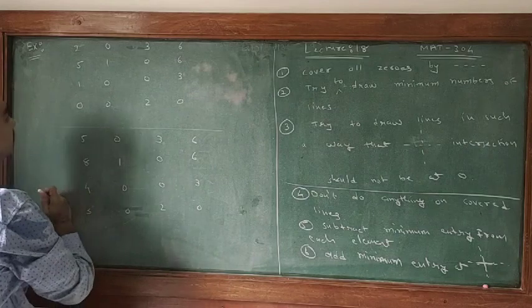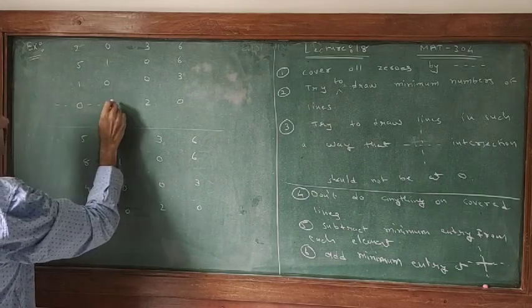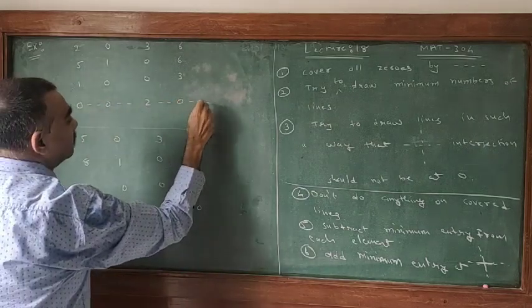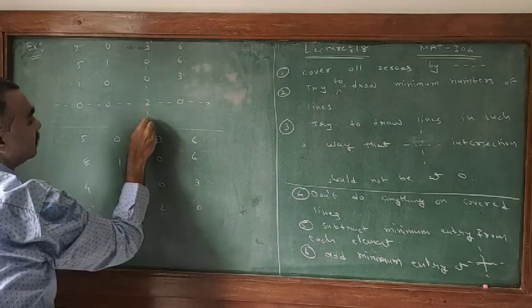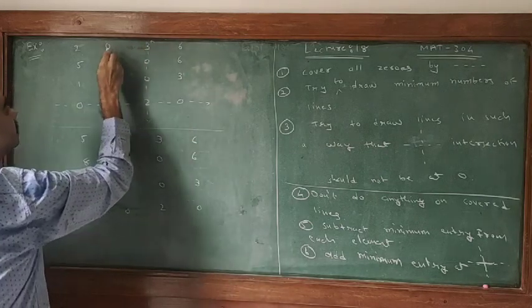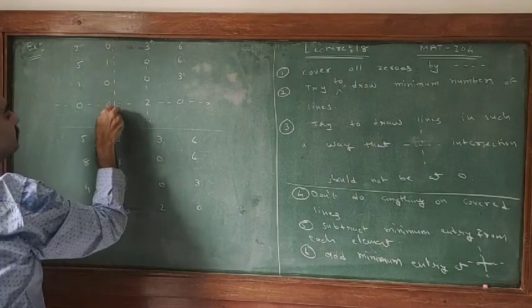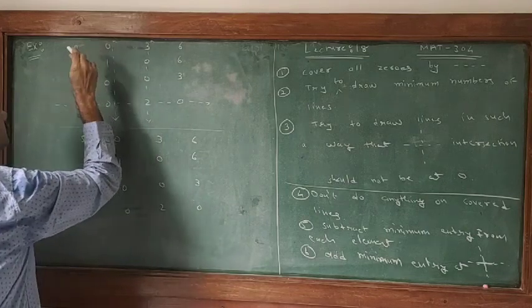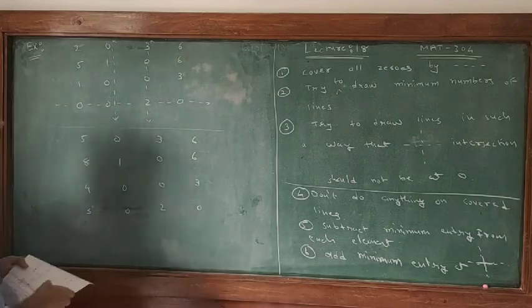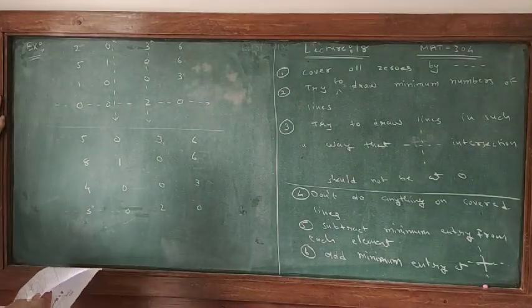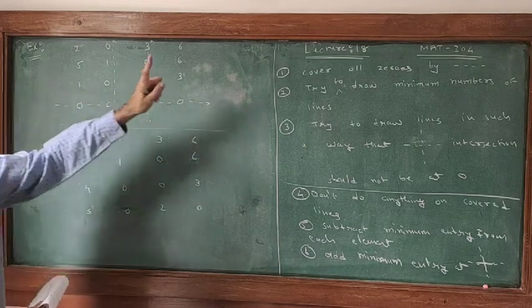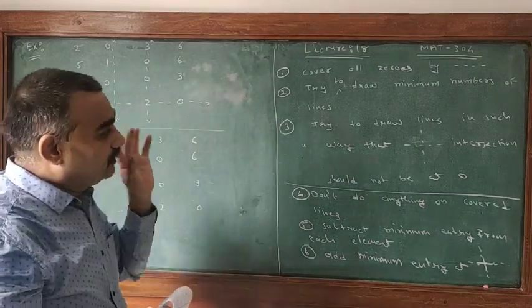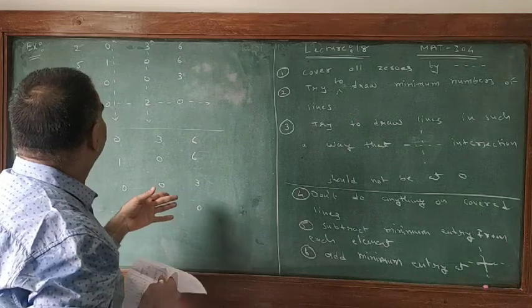This is the last table. I think we covered all zeros. Cover all zeros. Try to draw the minimum number of lines.